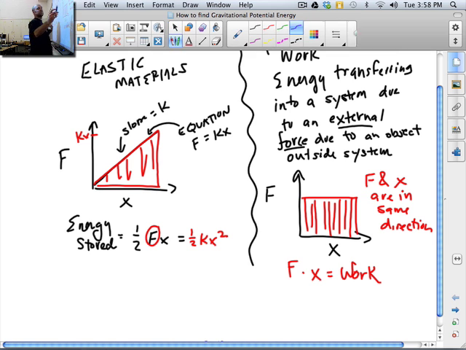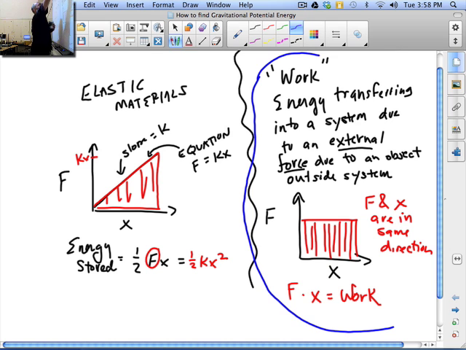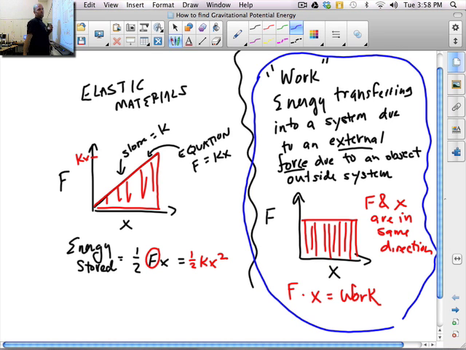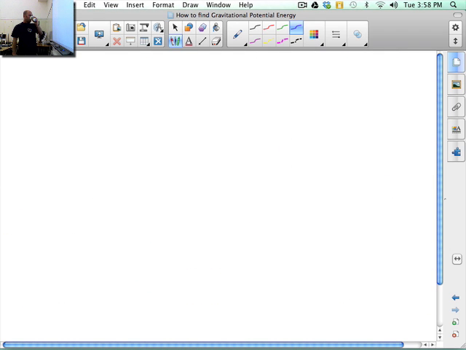Now, we're going to use this idea and figure out an equation for gravitational potential energy. Please consider an object that is pretty close to the ground.